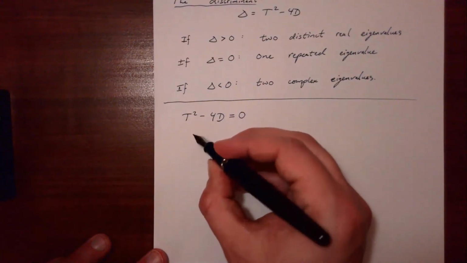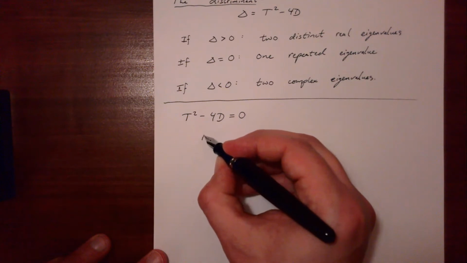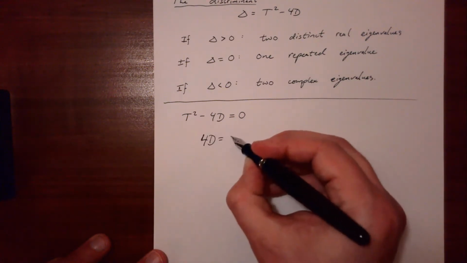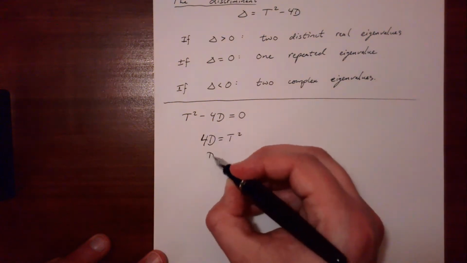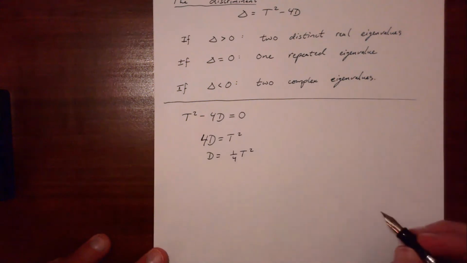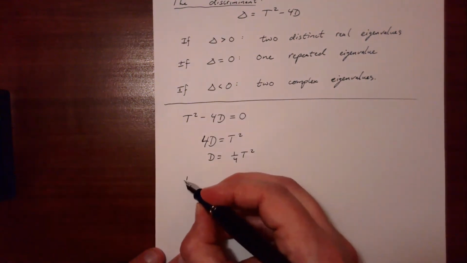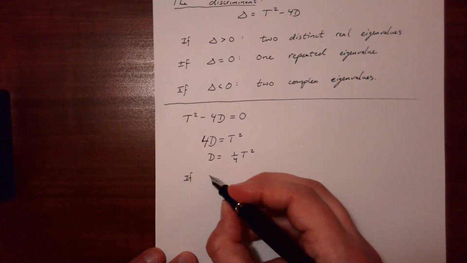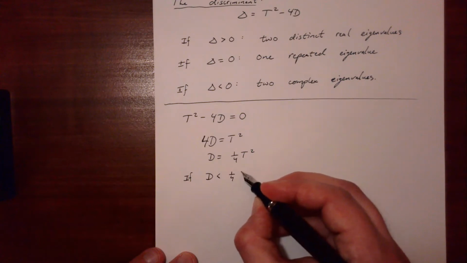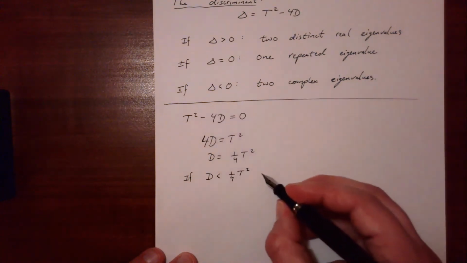So then that means that 4d equals t squared, which means that d equals 1/4 t squared. Now, if d is less than 1/4 t squared, then we look here, that means this will be positive.